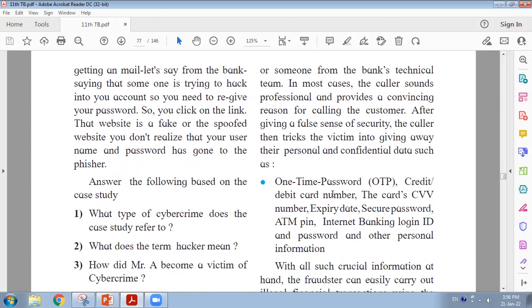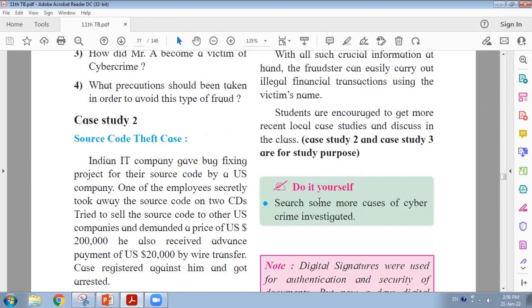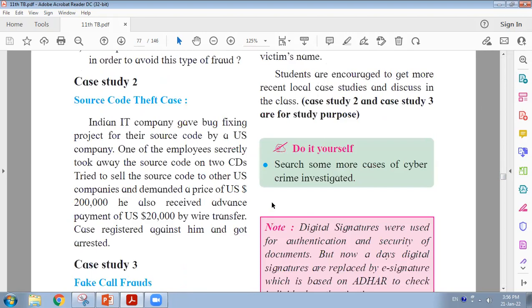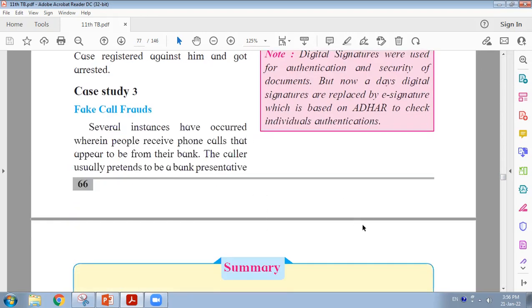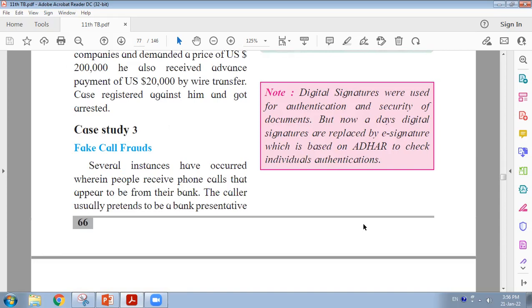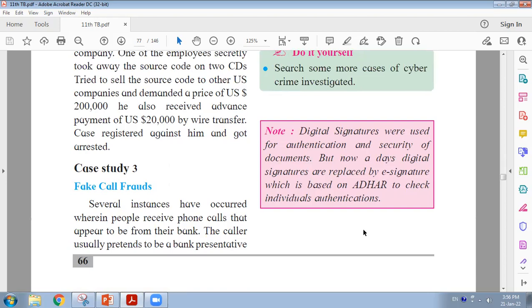Here you have to perform a case study. Suppose any colleague or friend of yours is a cyber victim and wants to release himself from that attack or cyber crime.